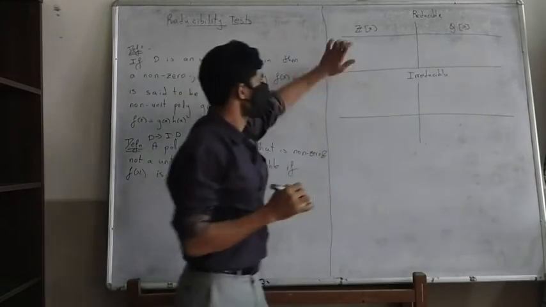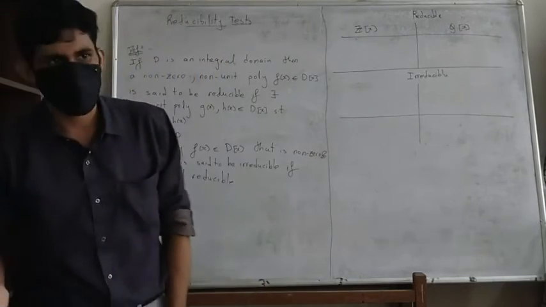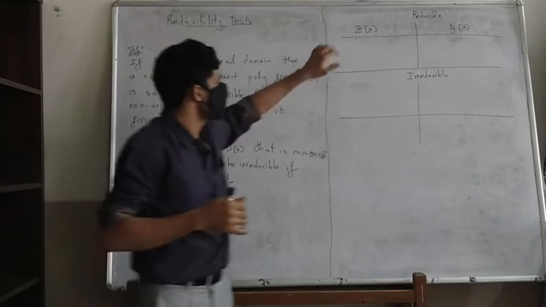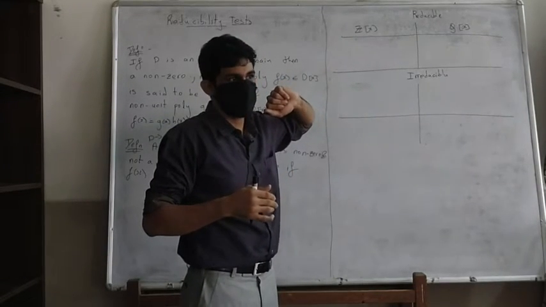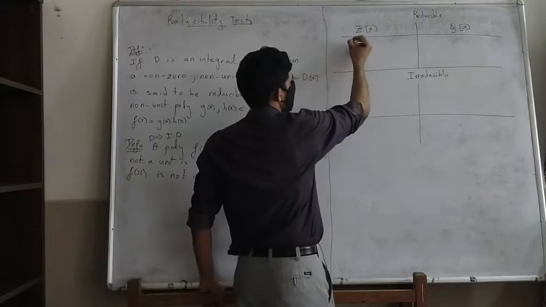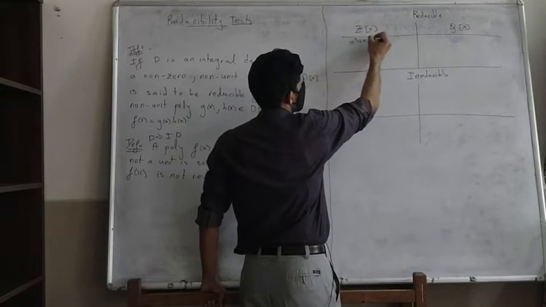Okay, so any examples of reducible elements in Z[x]? I'm sure many of you can easily think of them. You can look at x squared minus 4x plus 4, right?